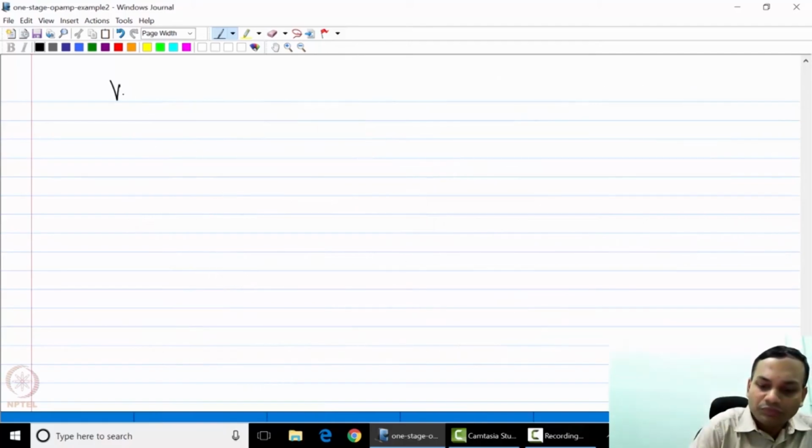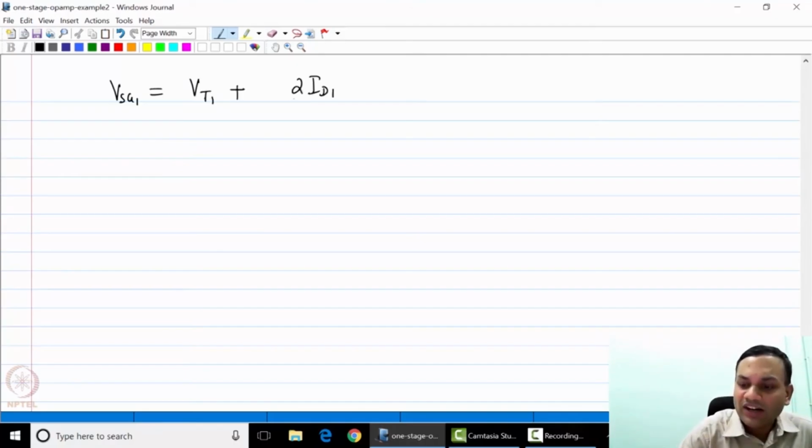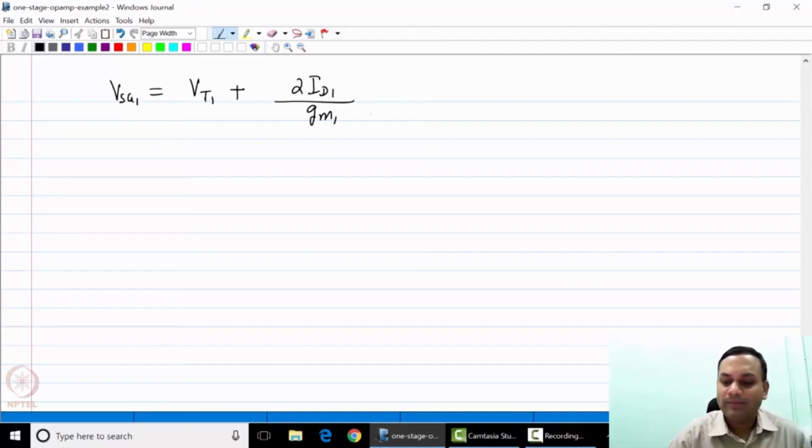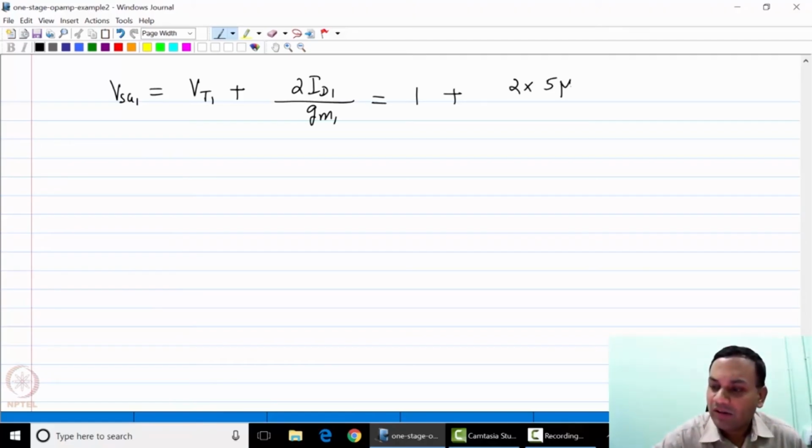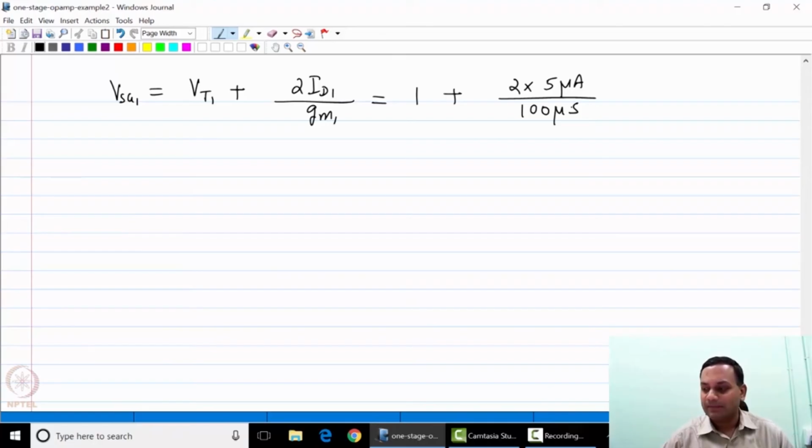So VSG1 is VT1 plus 2ID1 over GM1. VT1 is 1 volt plus the current through M1 is 5 microamperes and GM1 is 100 microsiemens, and therefore this is 10 microamp over 100 microsiemen. This is 1.1 volts.